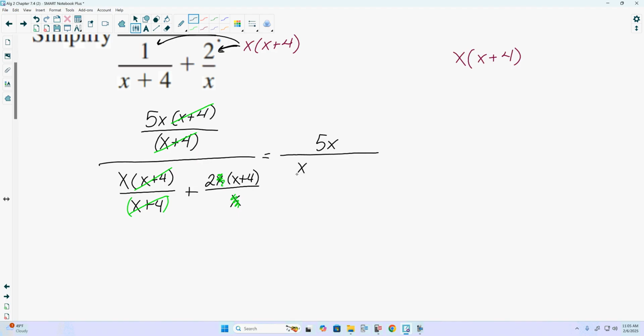On bottom we have x plus 2 times x plus 4. Well, let's multiply that 2 out. 2 times x is 2x. 2 times 4 is 8. 2x plus x.